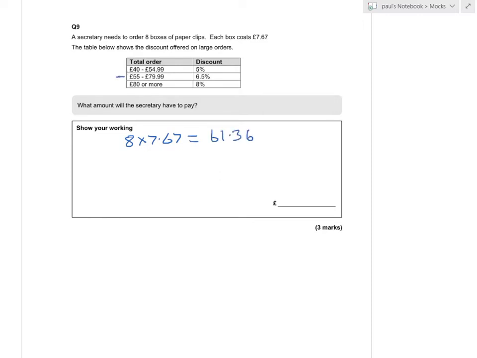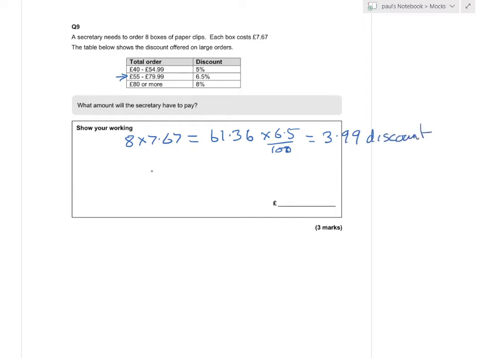Now, she's spending that much, so she's going to get a 6.5% discount. So multiply that by 6.5 over 100, and this will tell us what the discount is. So times 6.5 divided by 100 is £3.99 discount.